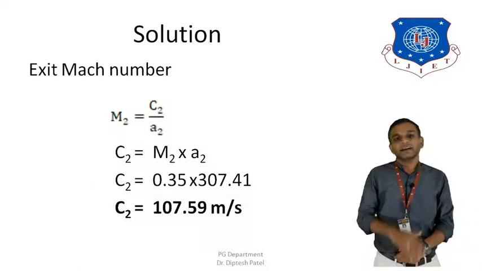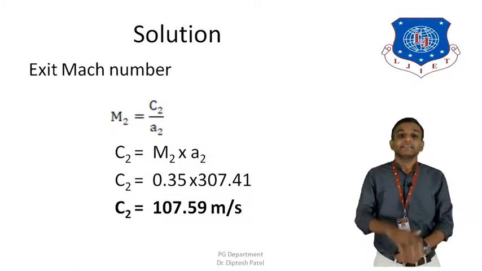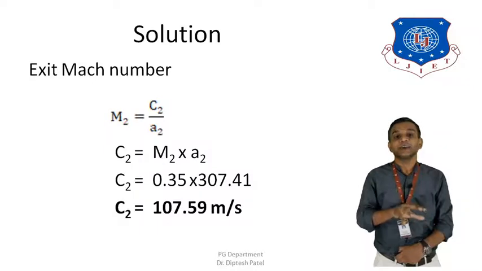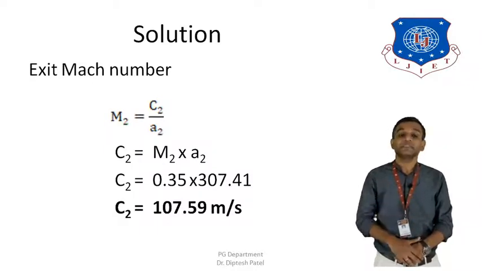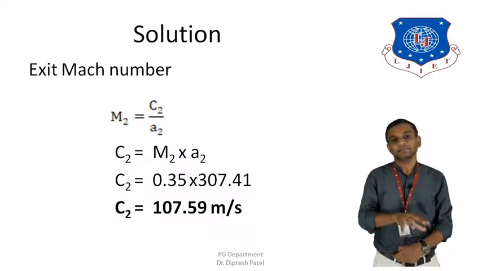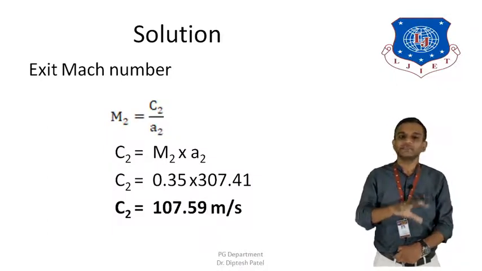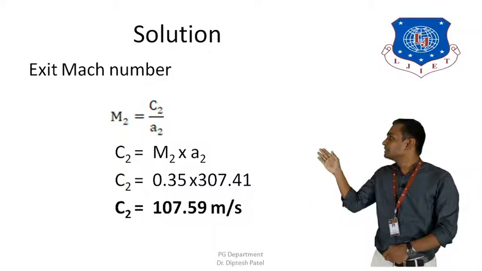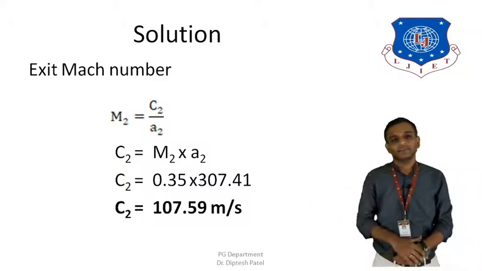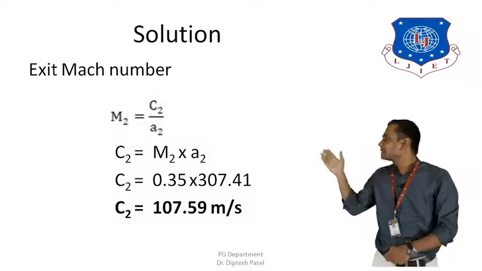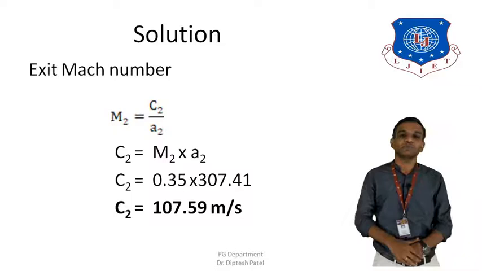Then I should be able to calculate the velocity at section 2, and for that I'm going to use the equation for exit Mach number, M is equal to C upon a, and since it is for section 2, I'll write M2 is equal to C2 upon A2. Now let's put the values here and calculate the velocity at section 2. So the equation can be rewritten as C2 is equal to M2 into A2.